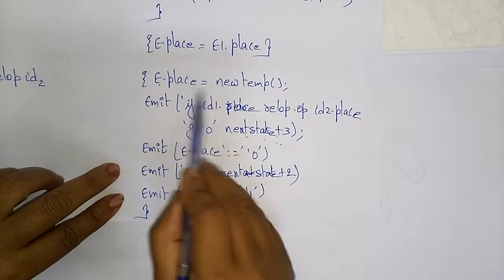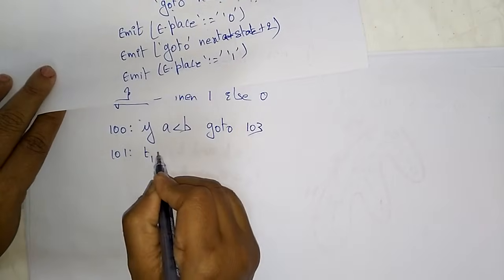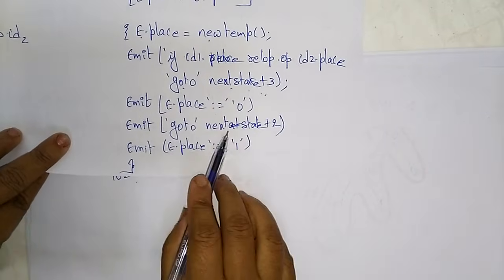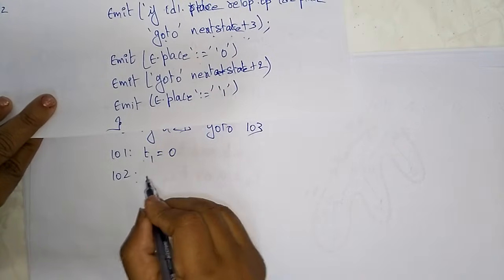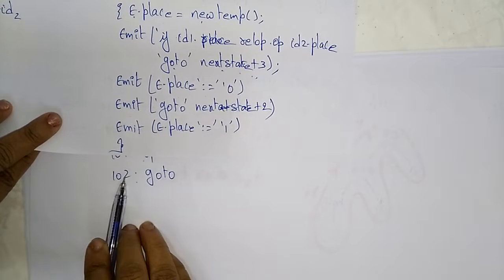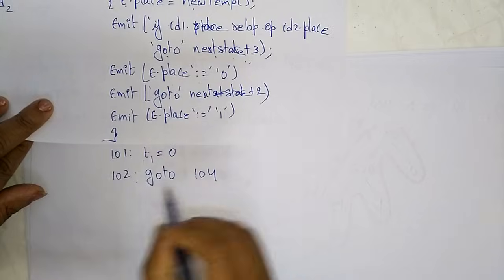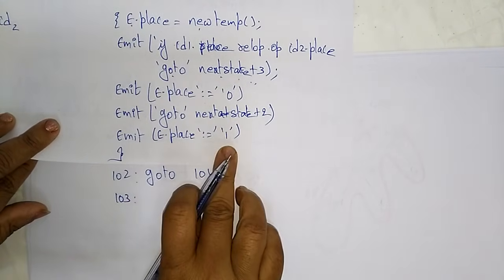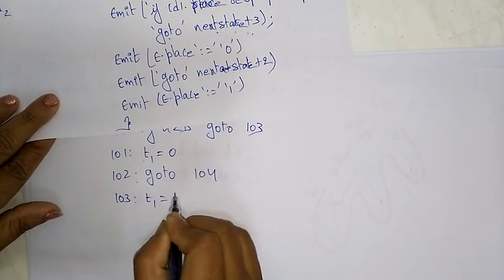E dot place is assigned to a new temporary variable T1. So now T1 is equal to 0. Now 102: go to next state plus 2, which means go to 104. And the next statement 103 is E dot place is equal to 1, the temporary variable T1. T1 is equal to 1.